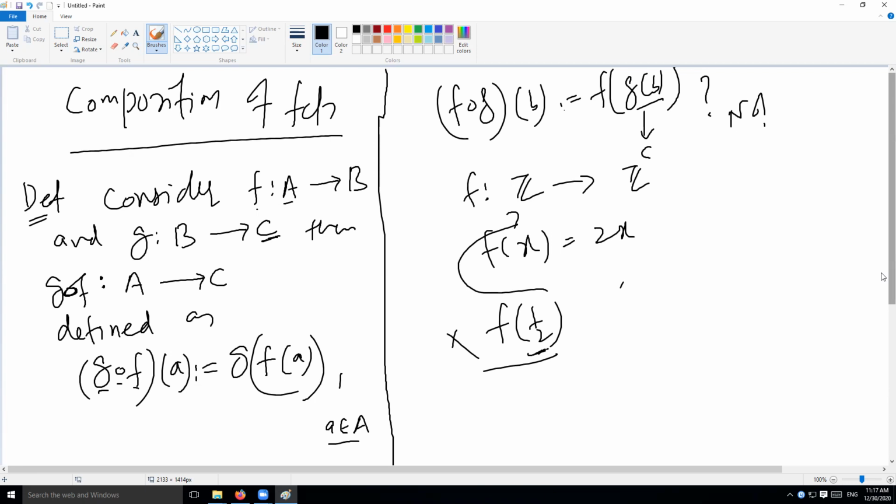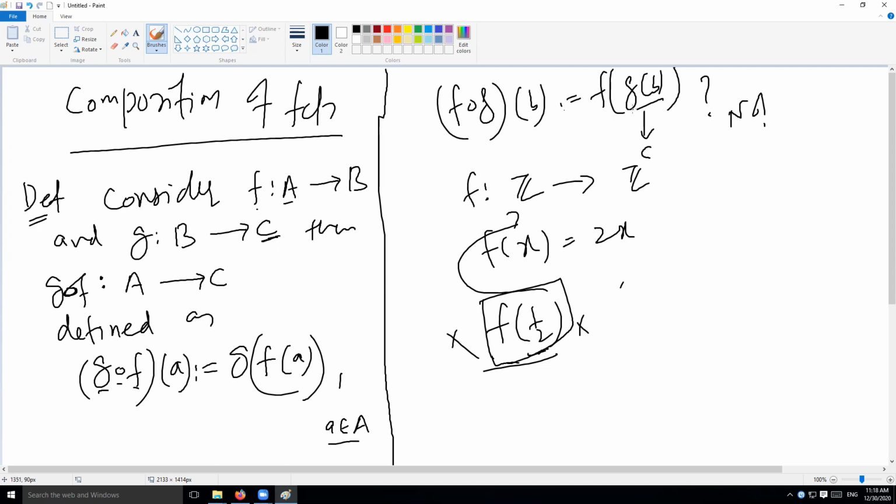So you have to recognize this is not a well-defined way to ask that. f is a function from Z to Z, but now you want to apply f onto 1 upon 2. f तो पहचानेगा ही नहीं. f is not going to give you any output. This is nonsense. So if g is a function from B to C, then g of b is an element in C. Can I apply f onto an element of C?